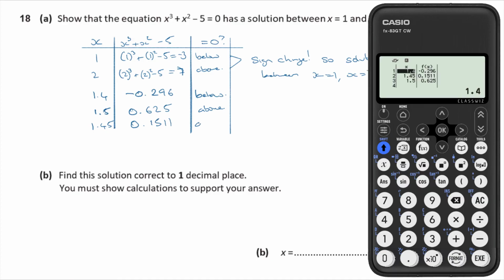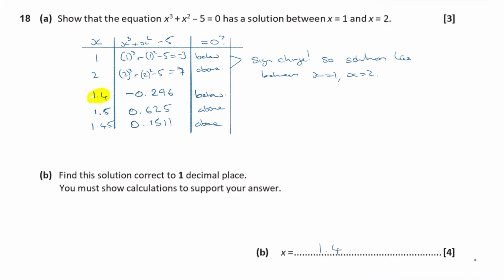Now that is above 0, which means that the actual solution must lie between 1.4 and 1.45, and therefore 1.4 is going to be the closest solution to the result. So I'm going to give 1.4 down as my solution.